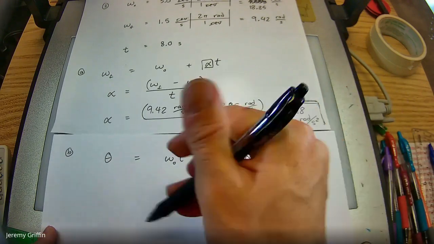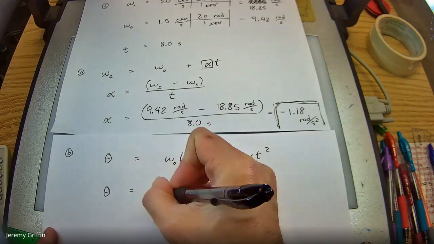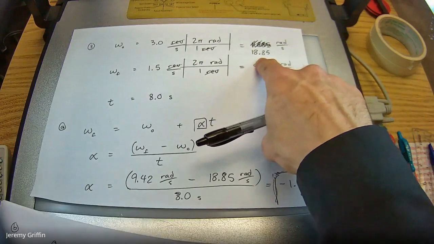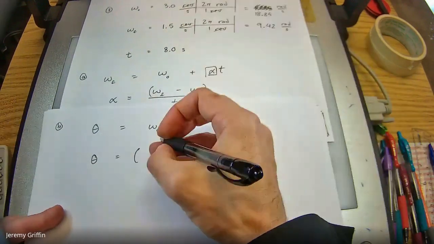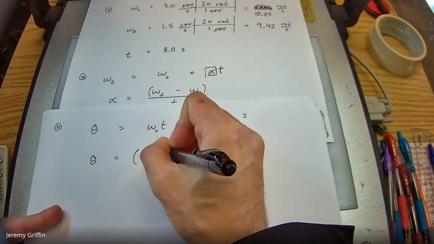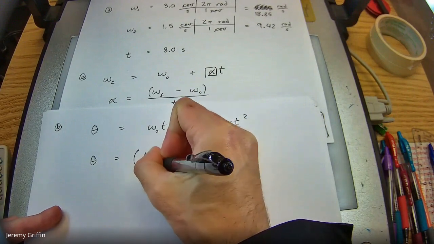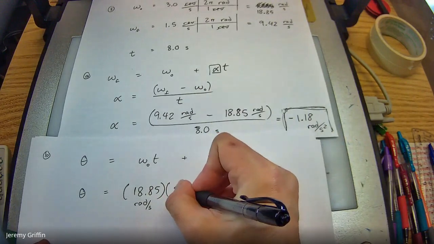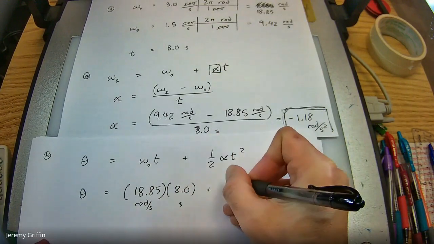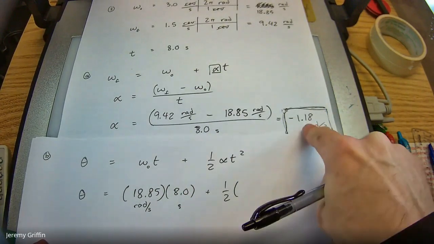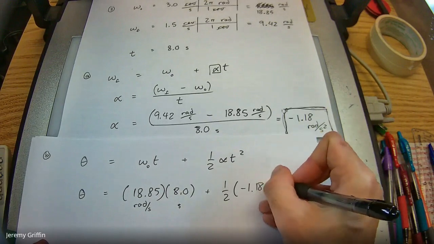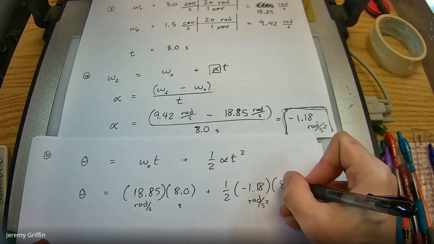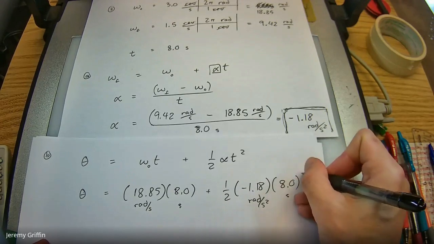Now this has to be a negative number, so it's all good. So I got the initial angular velocity was this many radians per second. I have to be using radians per second. Did that for this many seconds, plus 1/2 alpha. Now alpha is negative, slowing down, radians per second squared, for this amount of time squared.